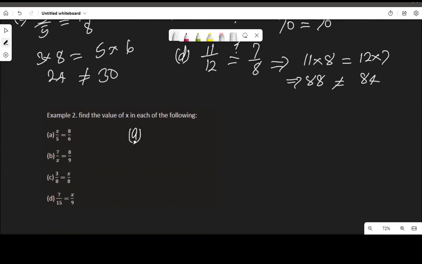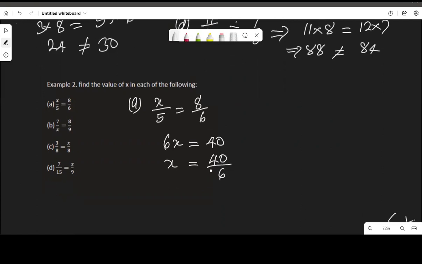To do that, we cross multiply. So if I have x over 5 equal to 8 over 6, when I cross multiply, x times 6 is 6x, and 5 times 8 is 40. Dividing through by 6, x will be 40 divided by 6. 40 divided by 6 is 6 remainder 4.